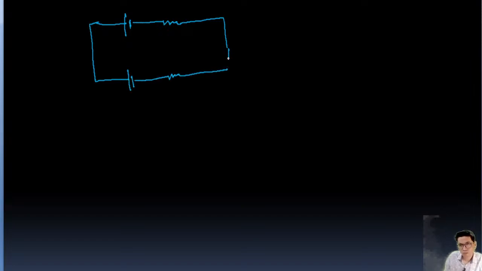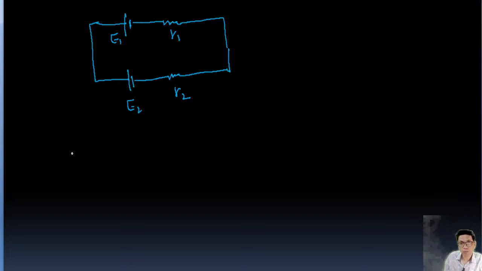So we have this is R1, this is R2, and this is E1, and this is E2. So E1, E2 are in parallel and R1, R2 are in parallel, right?